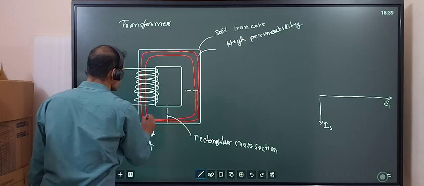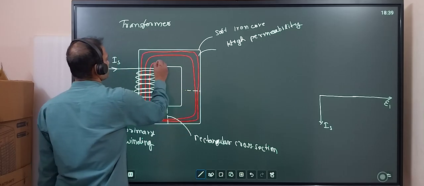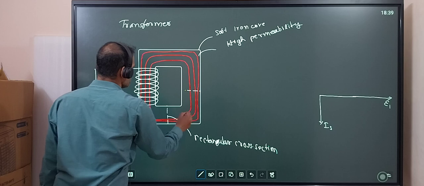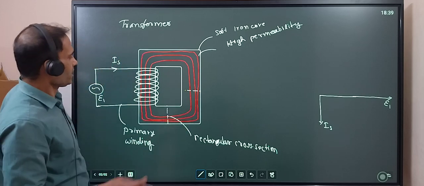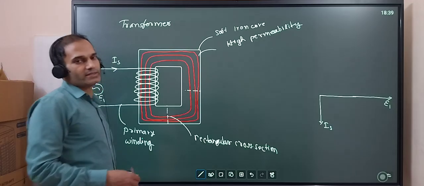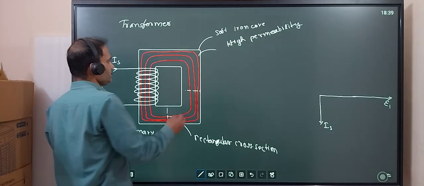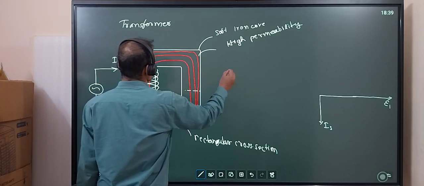They will pass like this. You can show as many as you want. And now there will be a secondary winding.